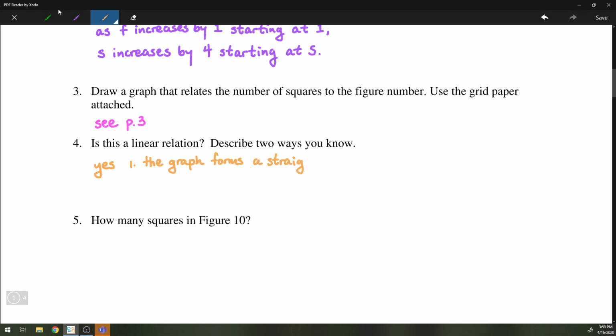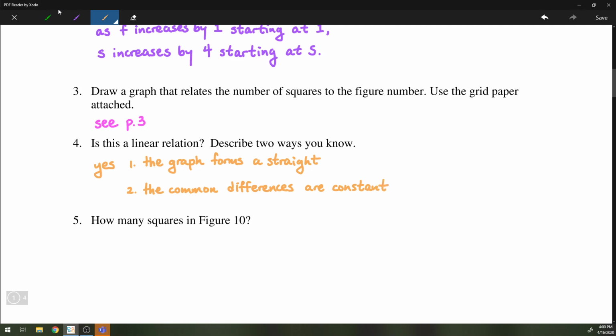And number 2, of course, the common differences are constant. The common difference for the f variable is 1, and for the s variable it was 4. And that's how we know we have a linear relation.